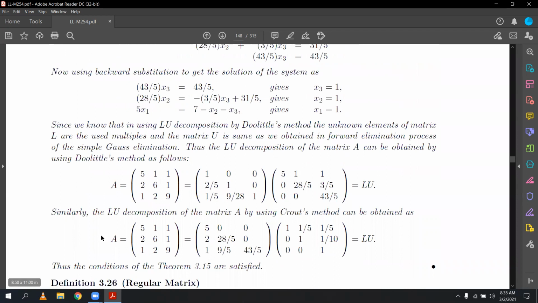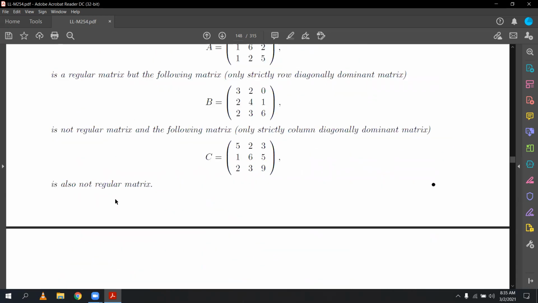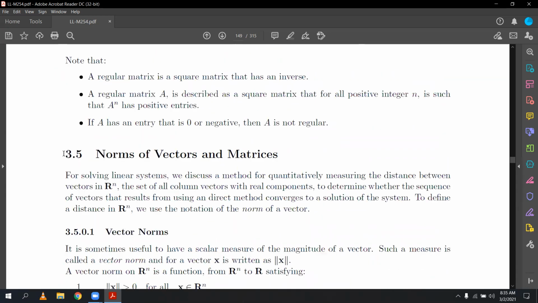Now, the second thing we need. Before we start the idea of the iterative method, we have to use the norm of a vector and the norm of matrices. And the idea of the norm behaves like the absolute value.